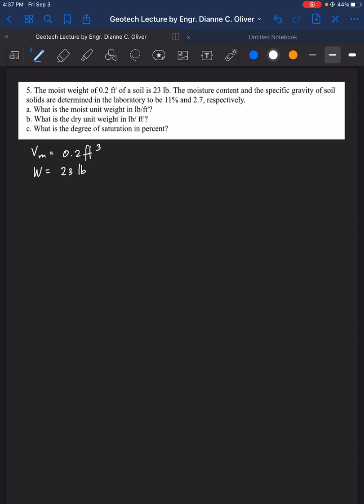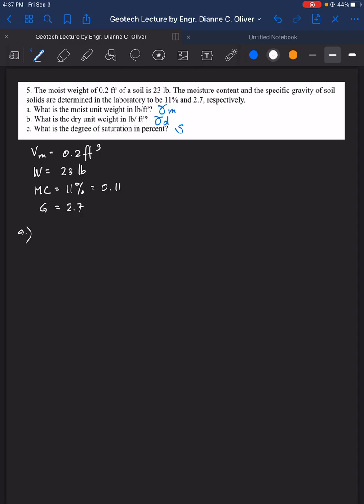Moisture content is given as 11%, or that is 0.11. We have the specific gravity G, that is 2.7. So we're looking for the moist unit weight, gamma M, dry unit weight, gamma D, and the degree of saturation, S.